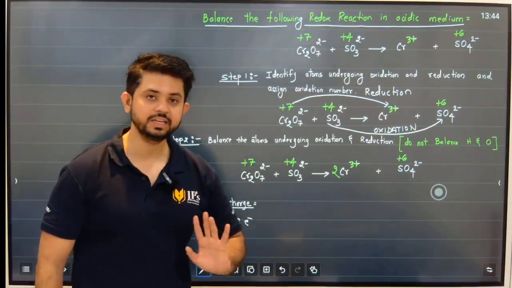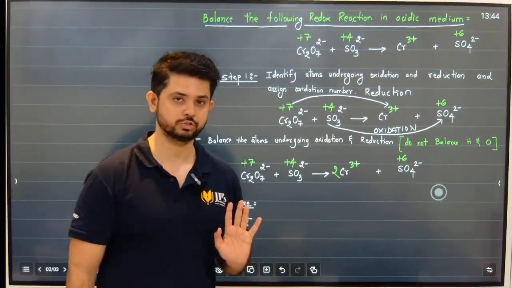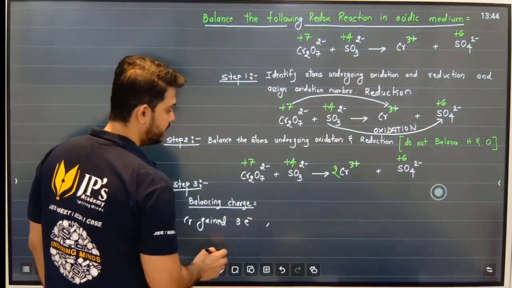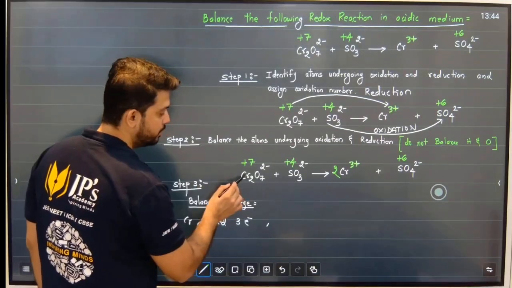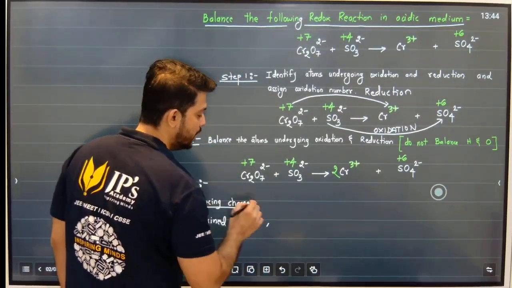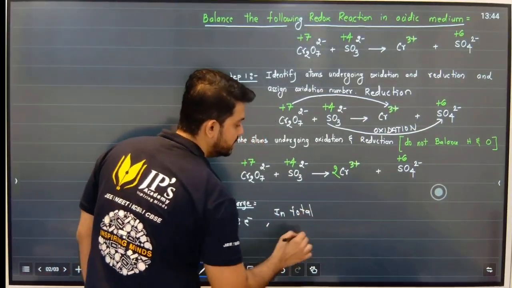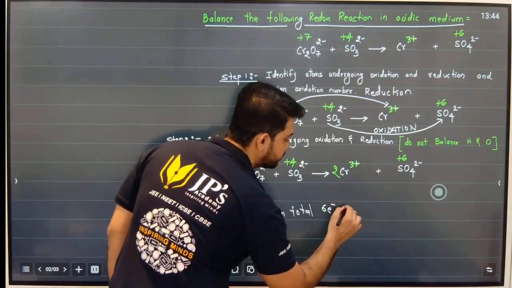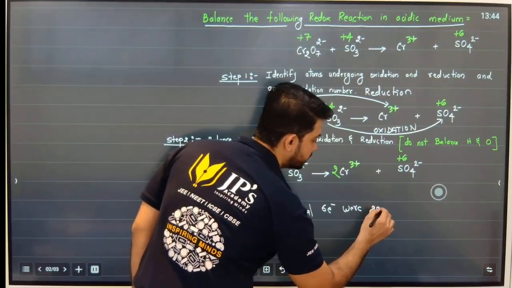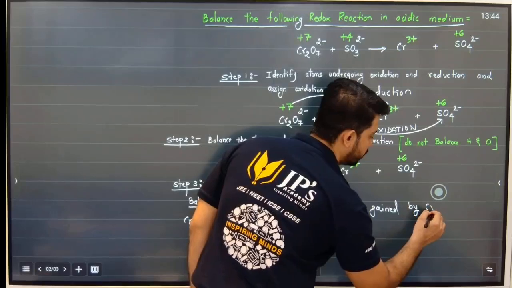So each atom of chromium has gained 3 electrons, students. अब यहाँ पे हम देखें तो chromium के there are 2 atoms on the left and 2 यहाँ पे chromium है on the right. So in total 6 electrons were gained during reduction by chromium.